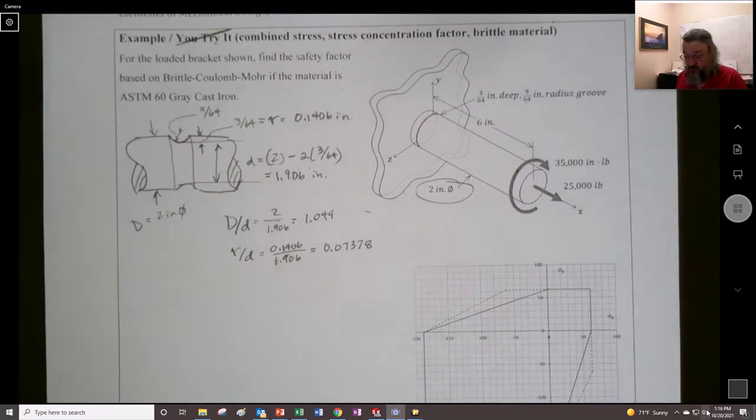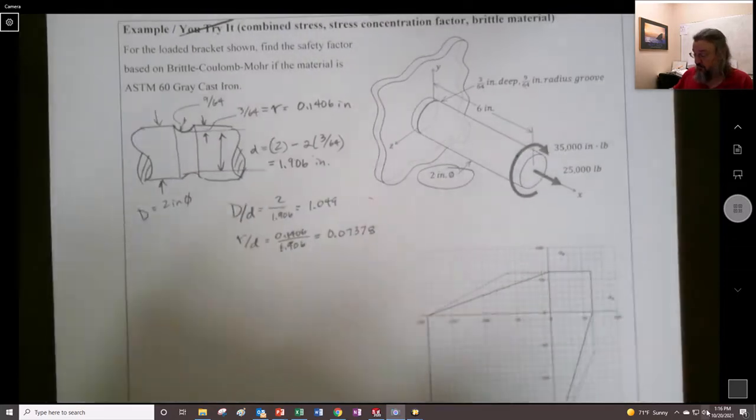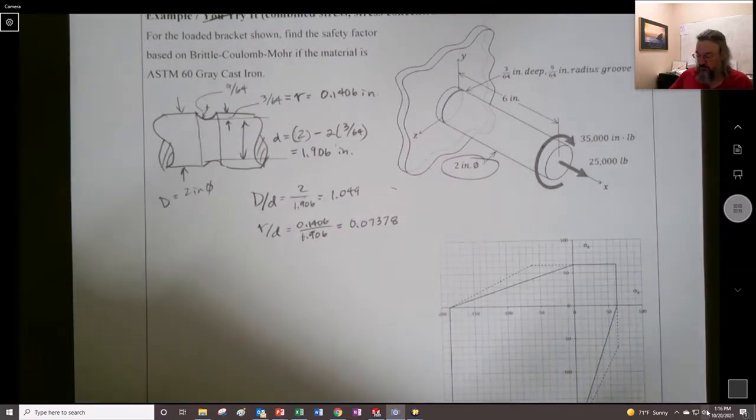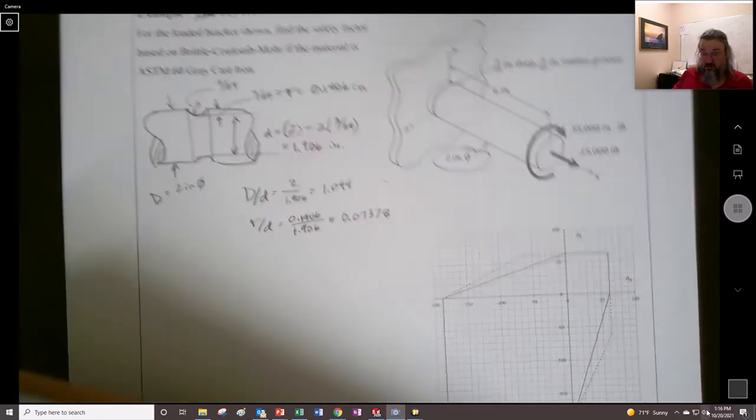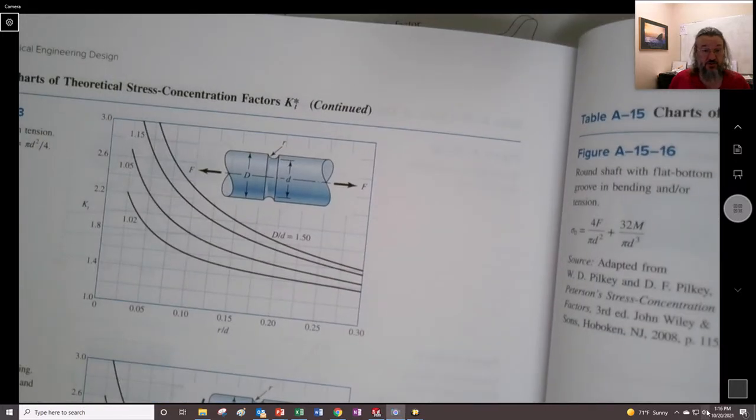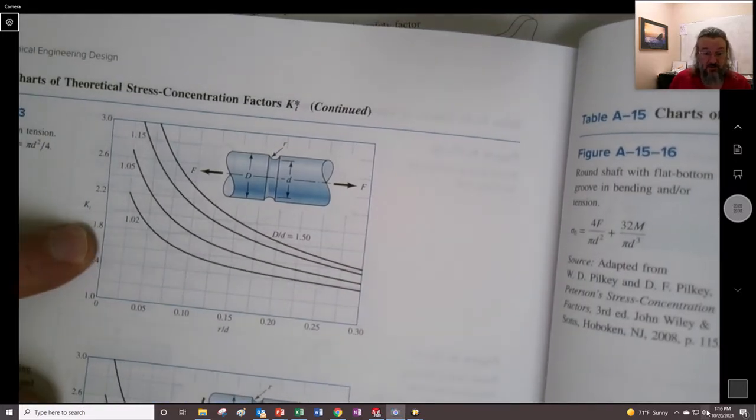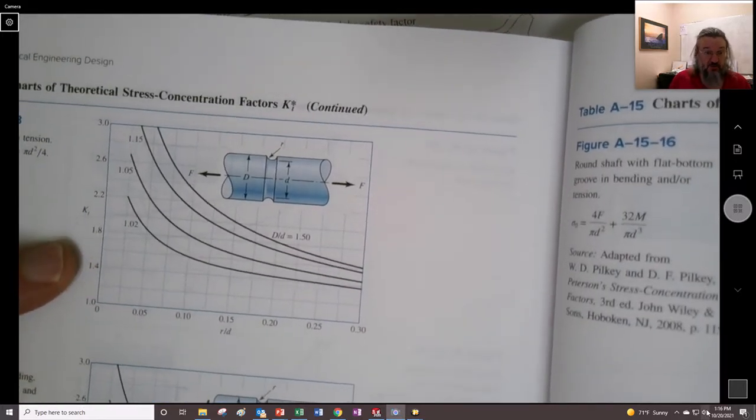So let's look those up. We know we have to do it, so we might as well get it out of the way. We find those stress concentrations. We're going to use axial and torsion. We don't have any bending this time.